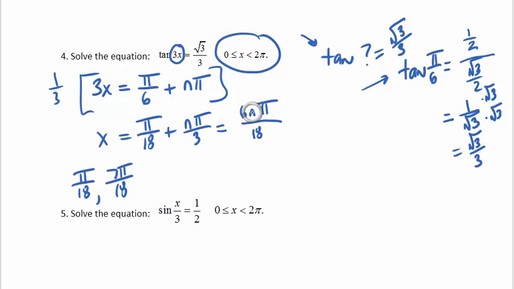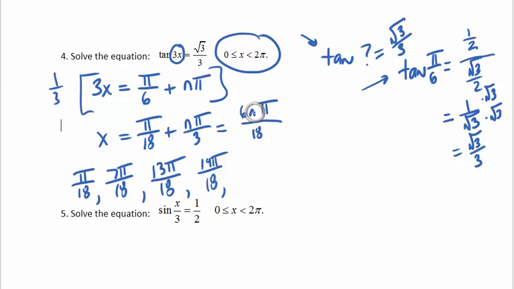Then when n is 2, this would be 12 pi over 18. 12 pi plus 1 pi would give me 13 pi over 18. Still going here because we haven't even got to 1 pi yet. So that was n is 2. Now n is 3. That will be 18 pi over 18 plus the 1 there would give me 19 pi over 18.